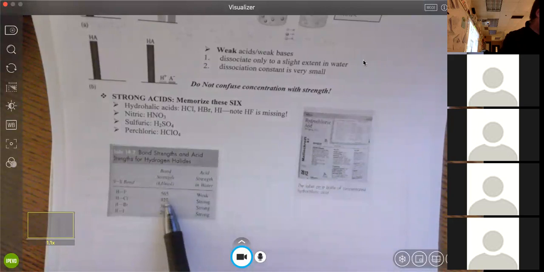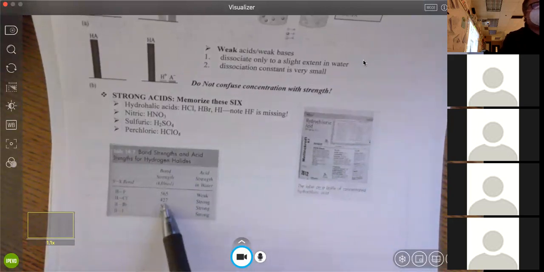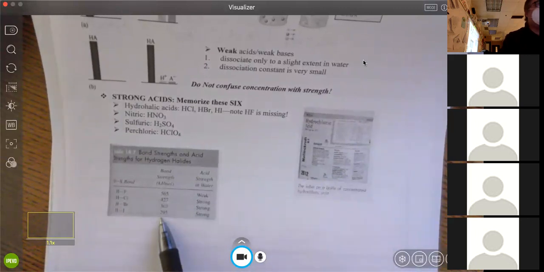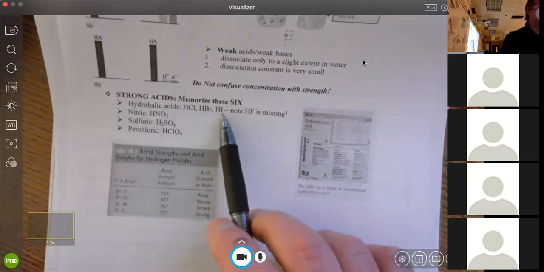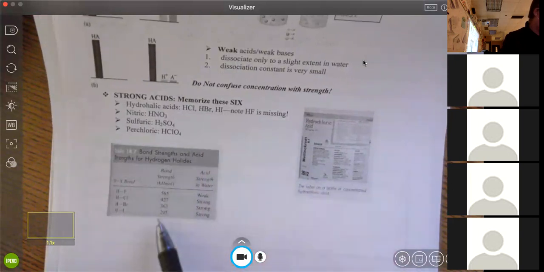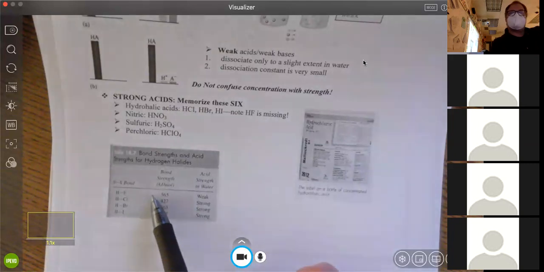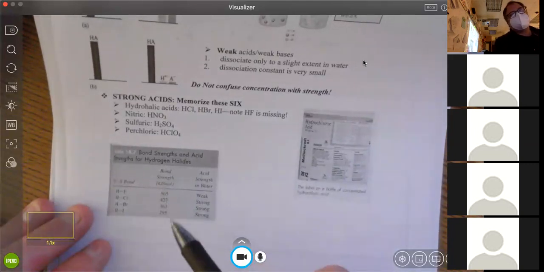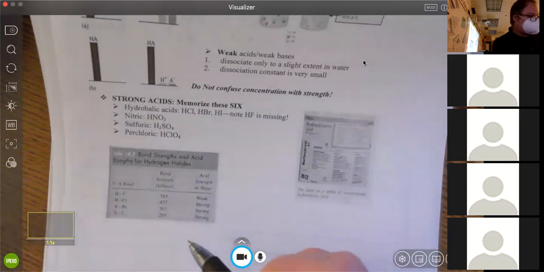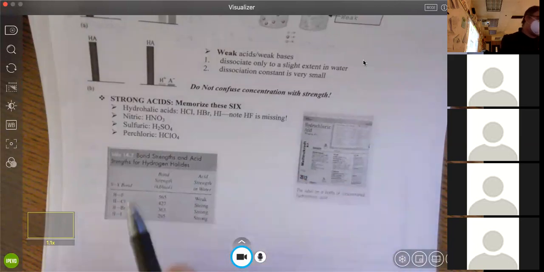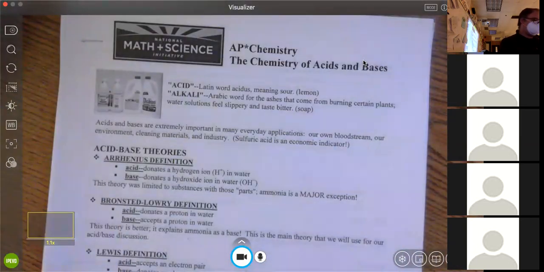If we take a look at the bond strength, the hydrogen fluoride bond is quite high versus the HI bond. Hence, hydroiodic acid is a strong one, because it's all about the ability to remove that hydrogen. If that hydrogen can be pulled off easily, then it's going to be stronger. If it doesn't dissociate, like HF, it's not going to happen.